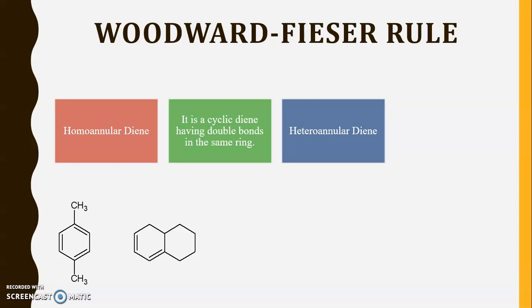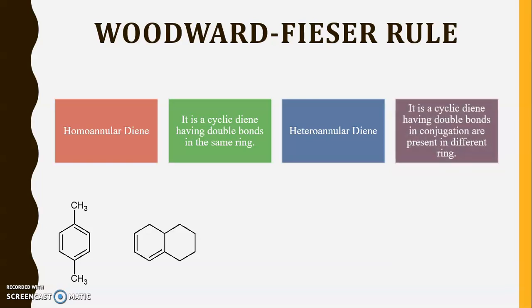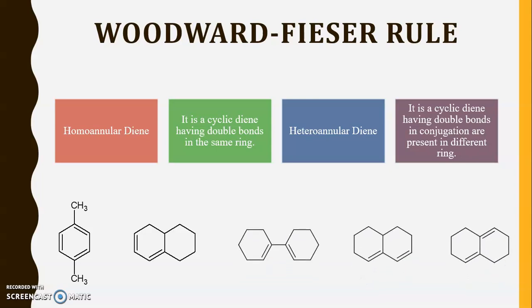Like our homoannular diene, the double bonds involved in this particular case are present in different rings. For example, here you can see, this is the first example. This is considered a diene because it is a conjugated diene.